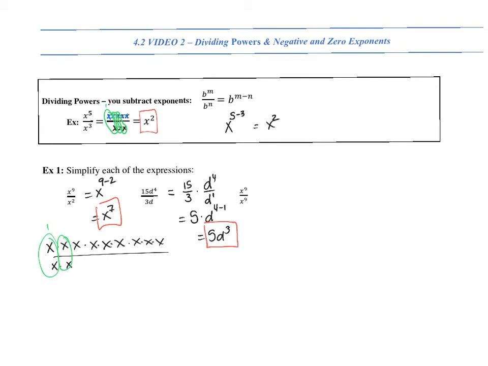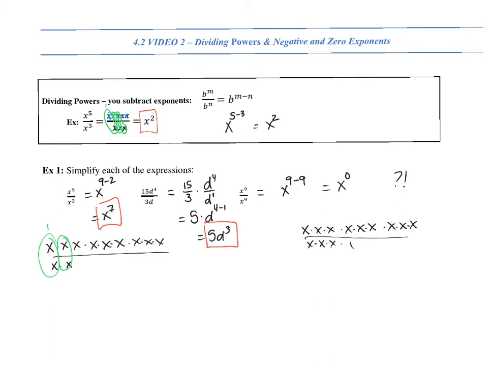And then on this one, we would get x to the 9th over x to the 9th. You take that 9 from the numerator and subtract the power from the denominator. So this would be x to the 0, which looks a little weird. So we can always write that out and figure out what it means. x to the 9th is x times x times x times x times x times x times x times x times x.